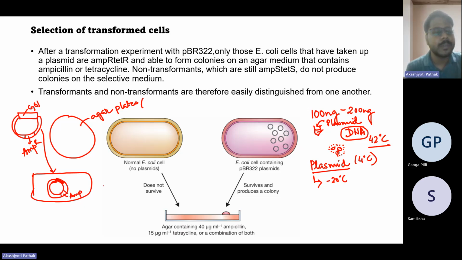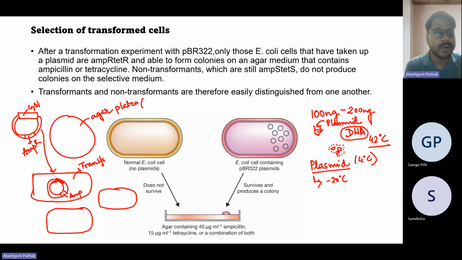Now there will be other bacteria also which will not have any plasmid, empty E. coli cells without any plasmid. You want particularly these type of bacteria. These are called transformants.